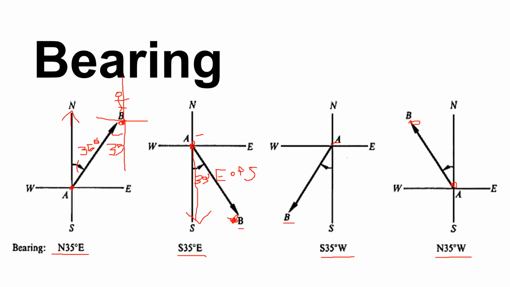So the bearing of ship A with respect to B would now be 35 degrees west of south, or written as south 35 degrees west.